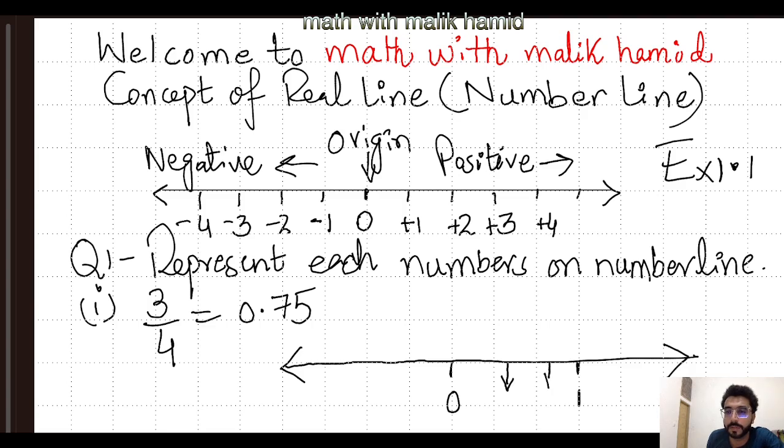This is 0.5. So 0.75 is between 0 and 1 on the number line. You can write positive and negative numbers on the number line to represent them.